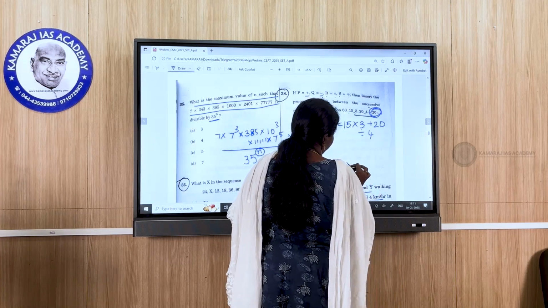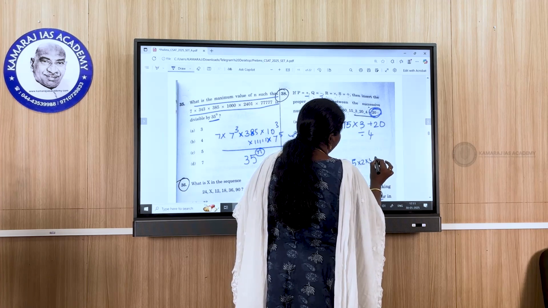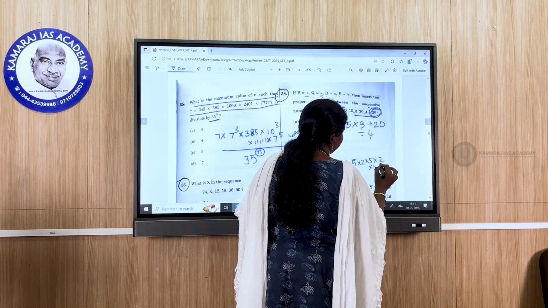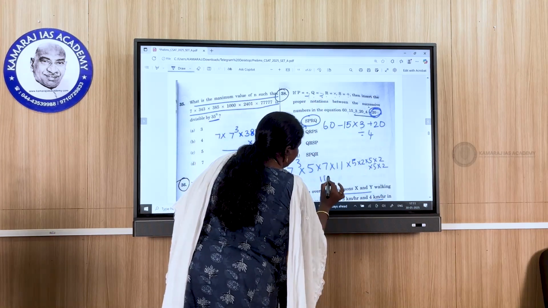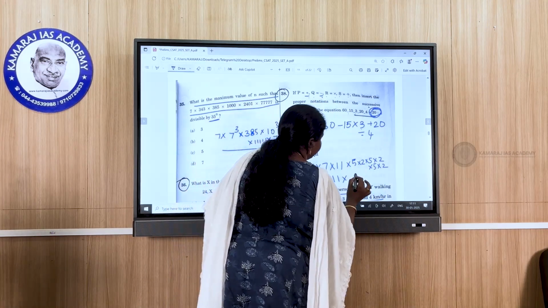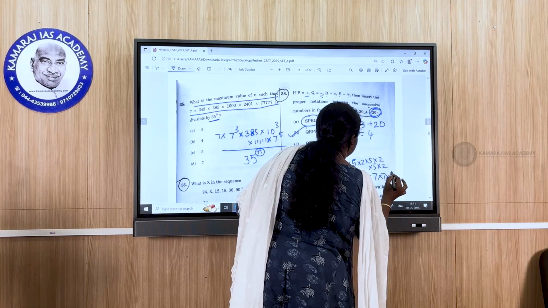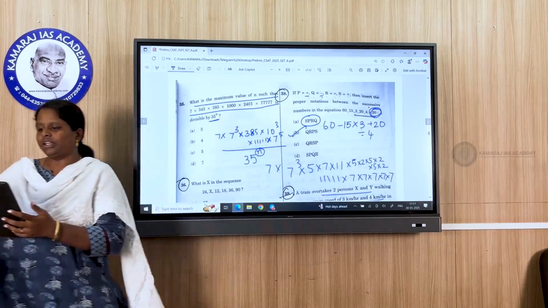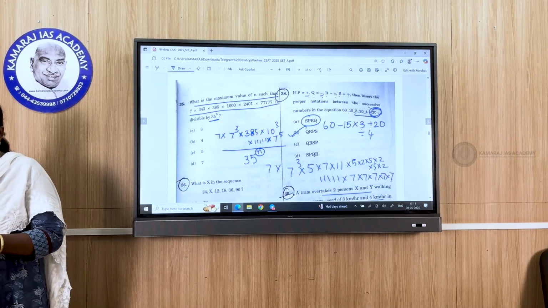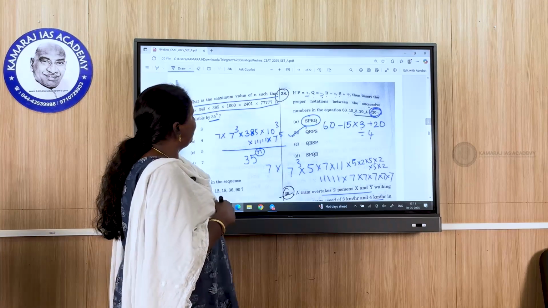5 times, 5 cross 2, 5 cross 2, 5 cross 2. Then this number can be split into 1, 1, 1, 1 again. 7 cross 7 cross 7 cross 7, right? So obviously, what is the minimum power of n here? So how many 5s do I have?